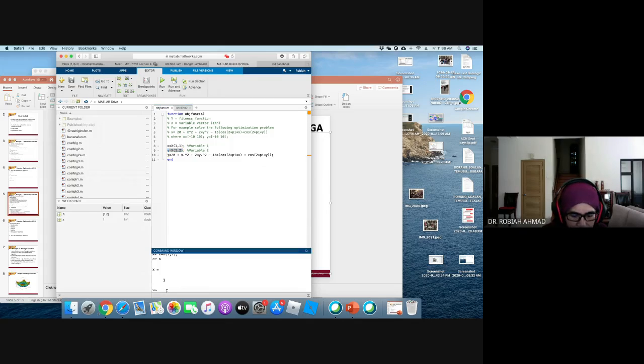What I'm doing is I'm trying to check. So Y is 2. Let me try to get this one, whether it's correct or not. Okay, so this is the function. I name it as obj.